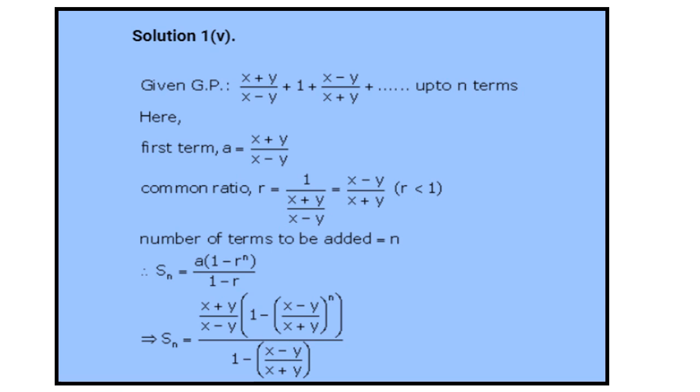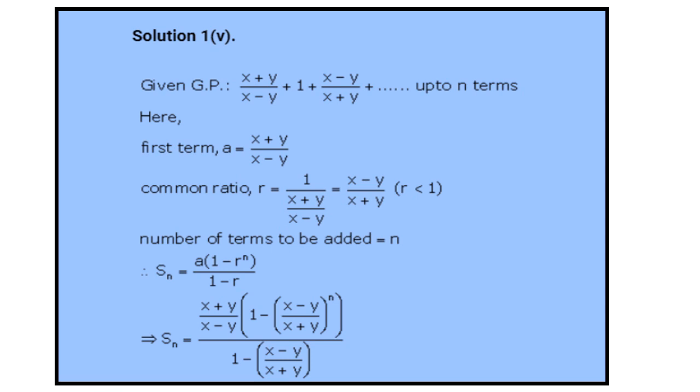Here, as they are algebraic terms and not in numerical form, it is not possible to decide whether r is greater than 1 or less than 1. But it can be done by keen observation. If you look at x minus y by x plus y, whenever we divide any difference by its sum, automatically its value will be less.